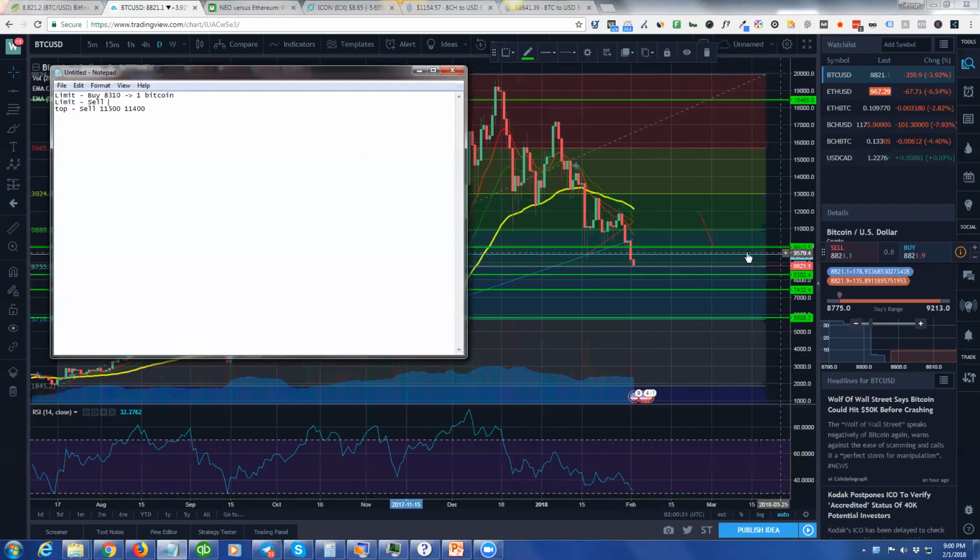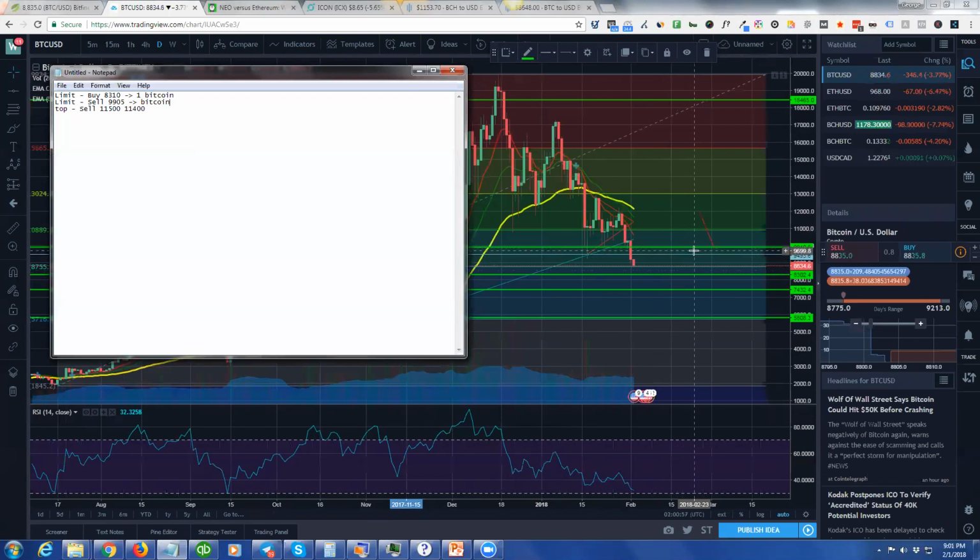Our previous support, which is now resistance, was at 99.10, so we could put it in at 99.05. So we could say if it hits 99 or 99.05, sell our Bitcoin, which we're assuming, again, is going to come up here, bounce, and come back down here.